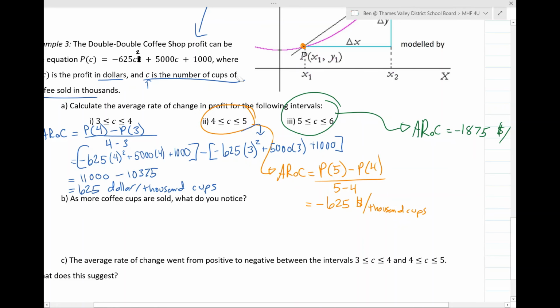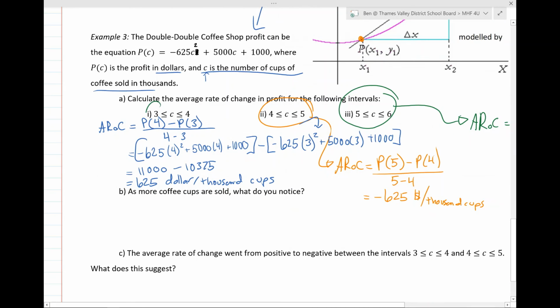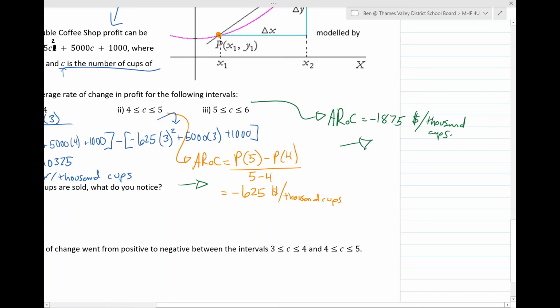And from 5 to 6 seconds, our average rate of change should be negative $1,875 per 1,000 cups. Now, if we stop and think about this as we move forward from 3,000 cups to 6,000 cups, should it make sense that our average rate of change, that is our slope of a secant, goes from increasing to decreasing by that same amount and then decreasing even further?